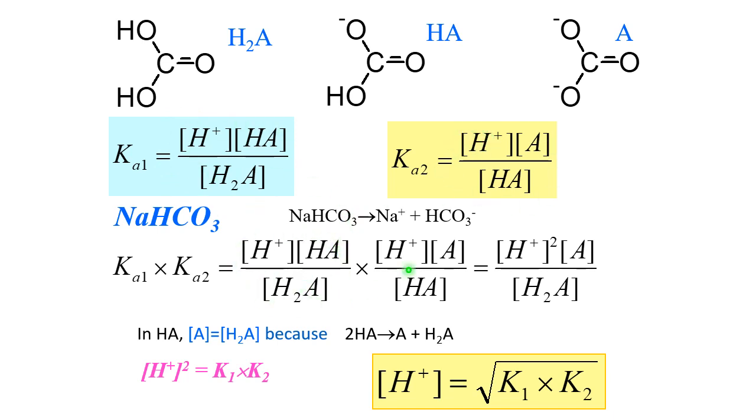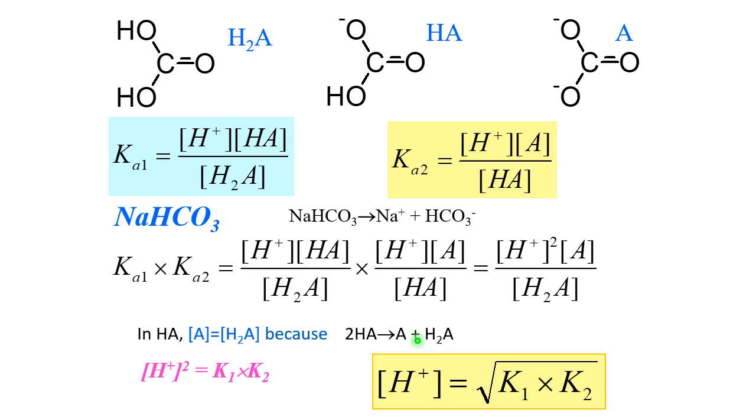What I have, above the line and below the line, I have the same HA. Now, I have H plus here and H plus there, so I have H plus square A by H2A.